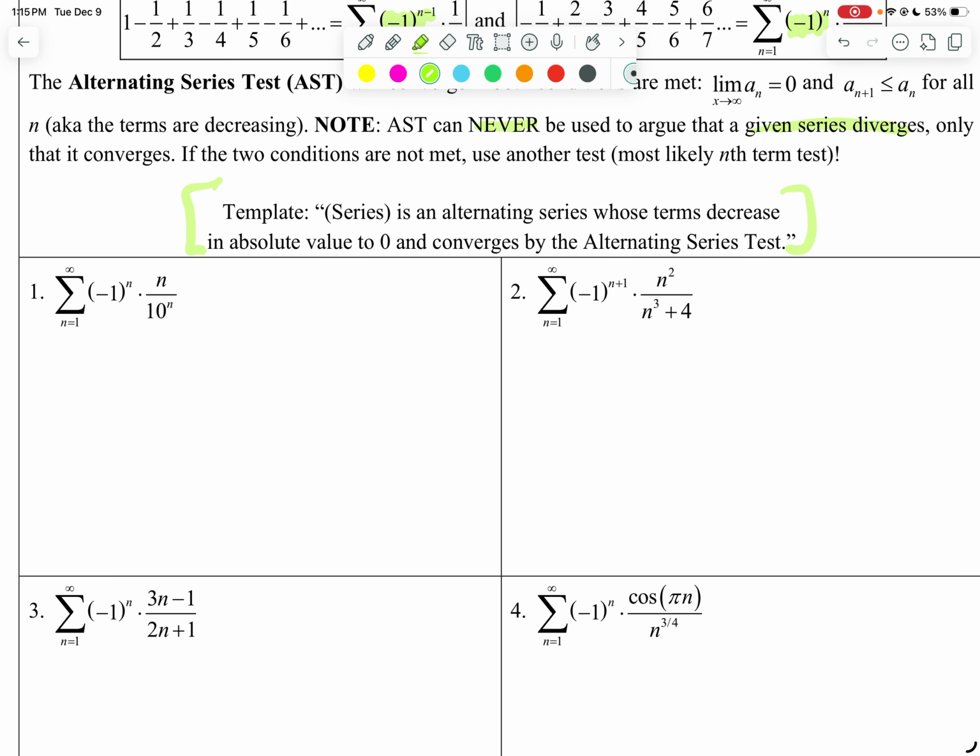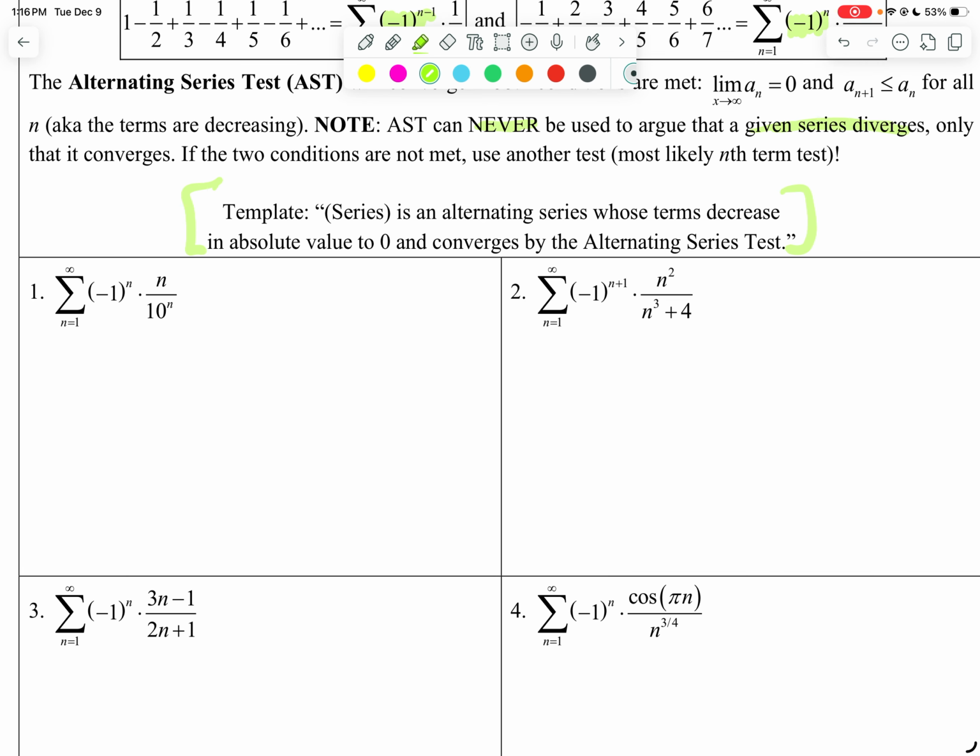But sometimes you might be asked to prove that the conditions hold. So if they ask you to prove, then the first one is going to be taking the limit. That's going to be the easy one. And then the second one is going to be taking the derivative and seeing where our derivative is negative so that we know that it's always going to be decreasing. We'll do that for number 2 because number 2 is kind of special with that.